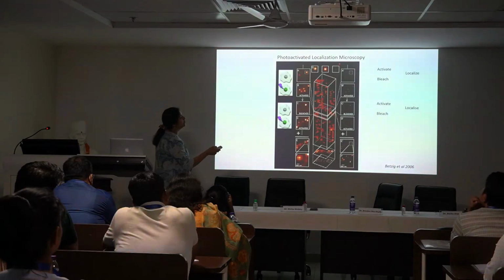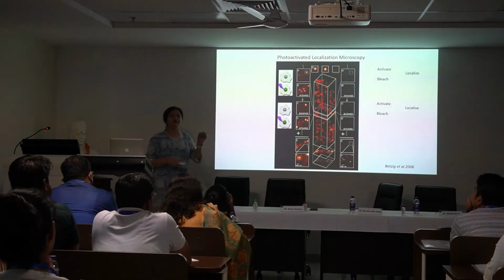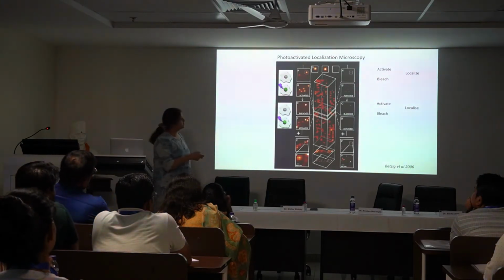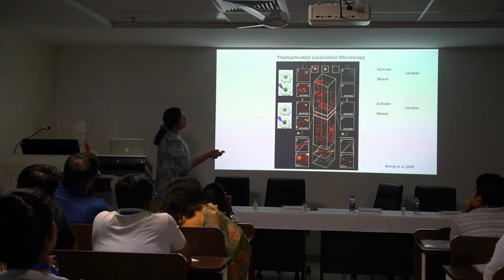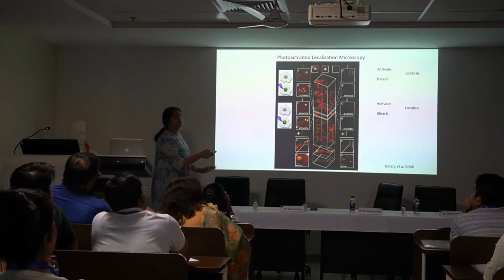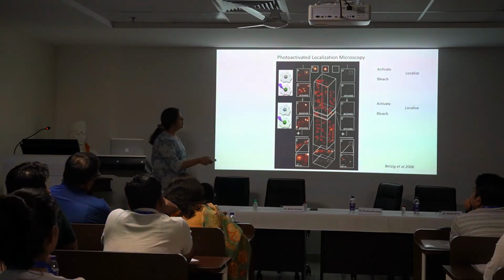So one could computationally localize the molecule after acquiring the light from each of these individual patterns, right? So what is one doing? We are activating few molecules, and I'll give an example of that. Then we are bleaching them because now we know where they are placed. So we are activating, we are localizing, then we bleach them. Okay, we hide them again, and then we activate, localize, bleach.